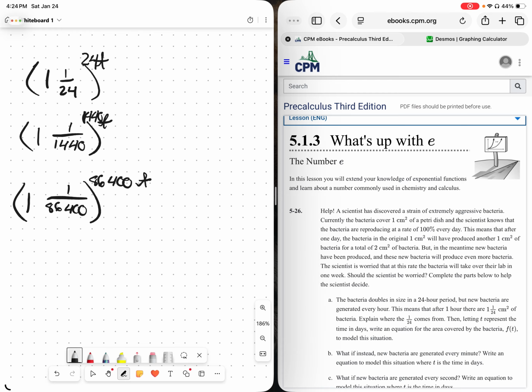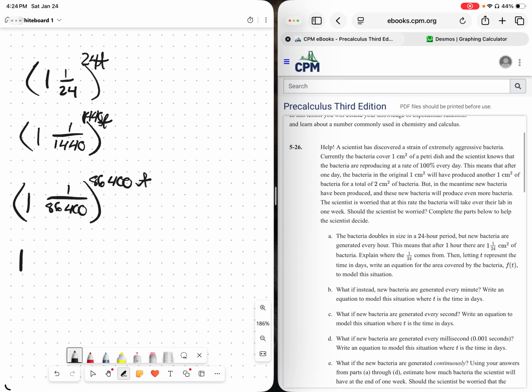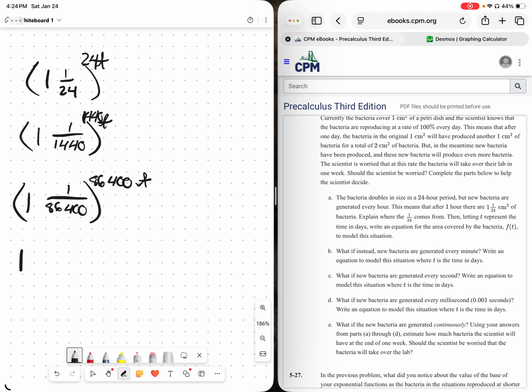And then this goes on to milliseconds, so 1/86,400 and then we add three more zeros, and the same up top, 86,400 and three more zeros, t, right?